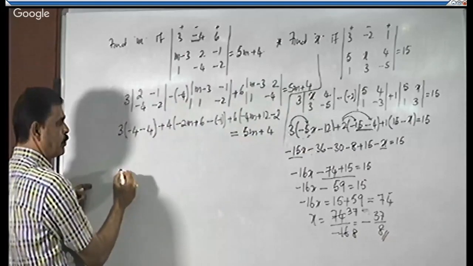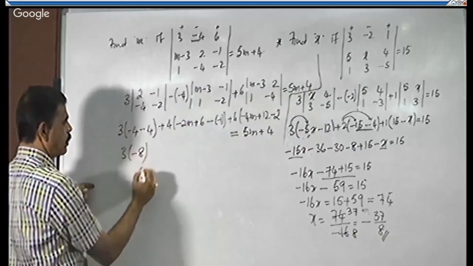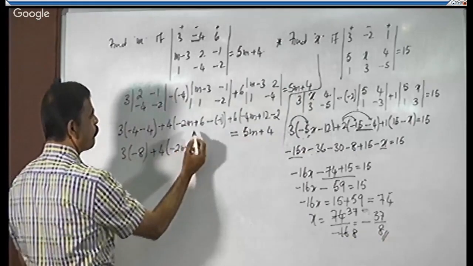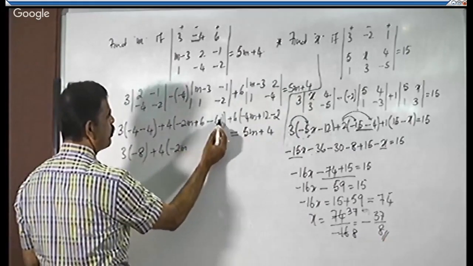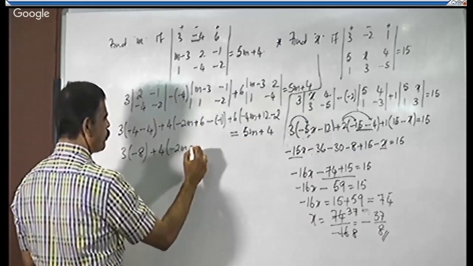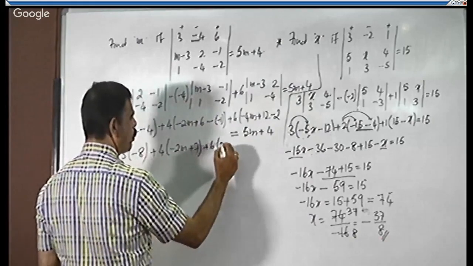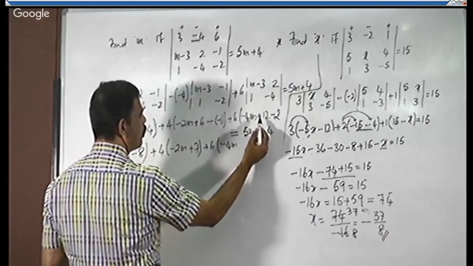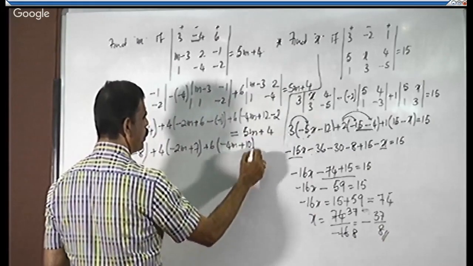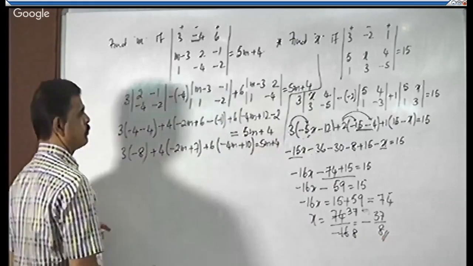Minus 8 into 3, or you can take minus 4 minus 4 minus 8, plus 4 into minus 2m. This is plus 6. Minus into minus is what? It is plus 1. 6 plus 1, 7. Plus 6 into minus 4m plus 12 minus 2. It is plus 10 is equal to 5m plus 4.